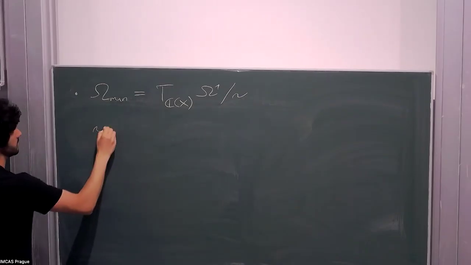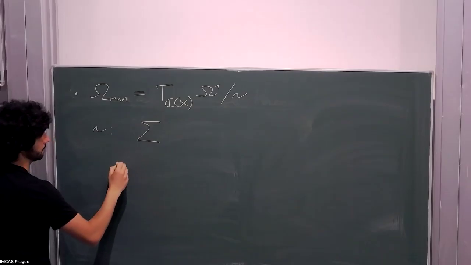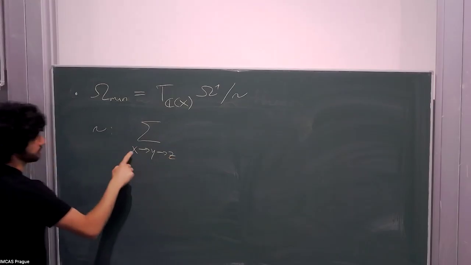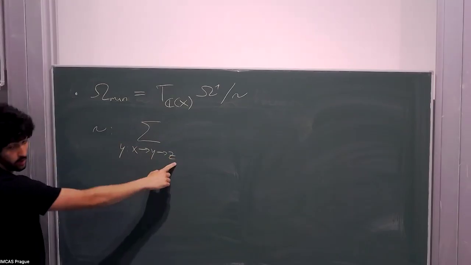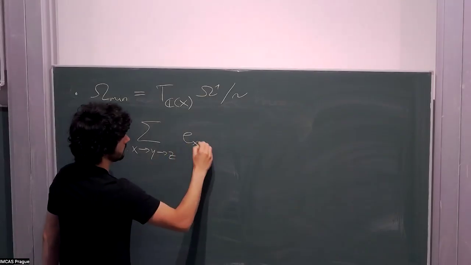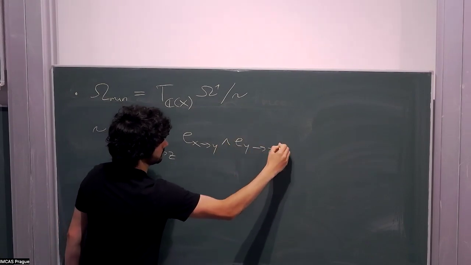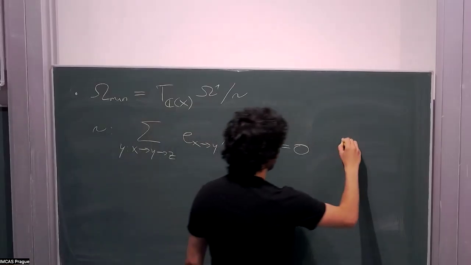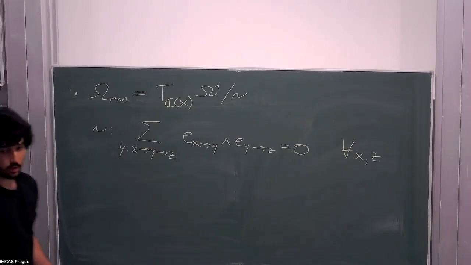The relations here are that if we look at two paths, a path going from x to y to z, we fix x and z, and we sum over y. We want this to be equal to 0 for all x and z.